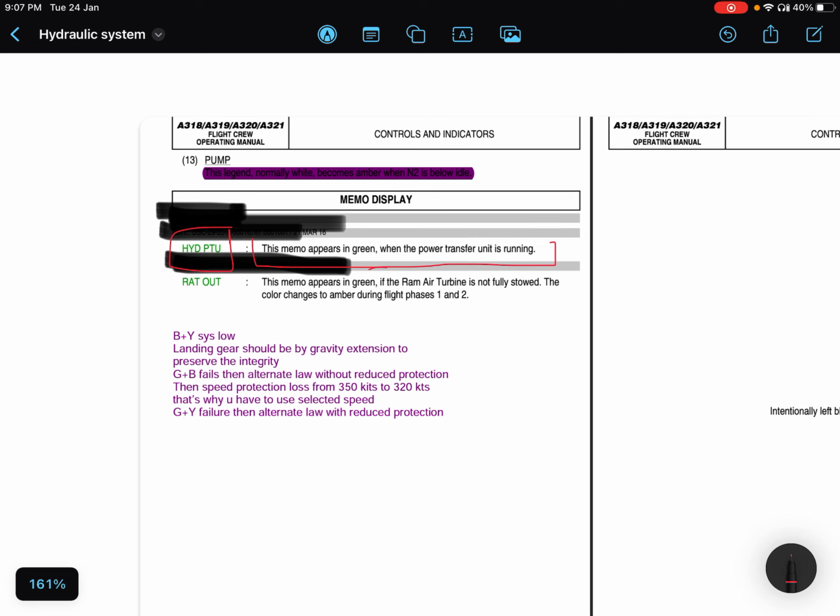Whenever PTU is running, HYD, Hotel Yankee Delta, hydraulic PTU appears on the memo display, and RAT OUT appears whenever the ram air turbine is not fully stored, right? Whenever it is extended, it is written RAT OUT, correct?